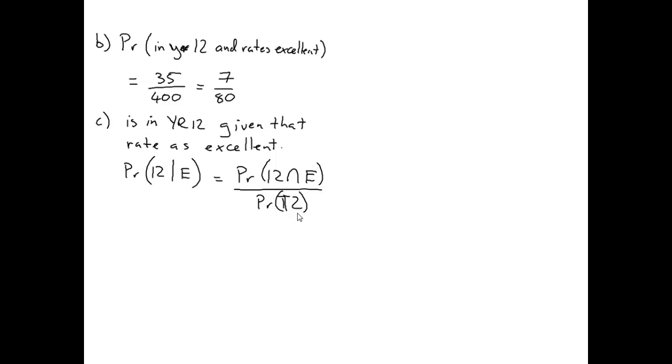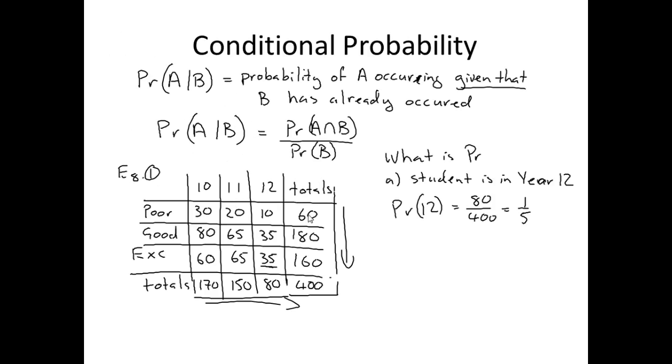Oh no, sorry, I've written that incorrectly. Scrub that out. We're looking for the probability that you've rated it as excellent. So let's go back. What's the probability that you've rated it as excellent? Well, let's see. Excellent, there were 160 kids out of 400.